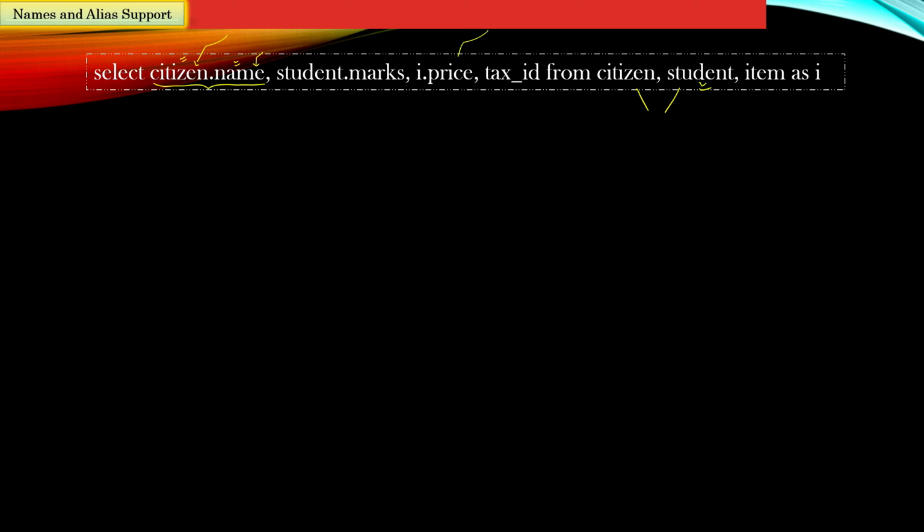And similarly, for the convenience of the SQL user, instead of typing the entire table name prefixed with the column name, the user is also allowed to use an alias name. So here i is the alias which is created for the table item. So instead of writing item.price, the user can write i.price.